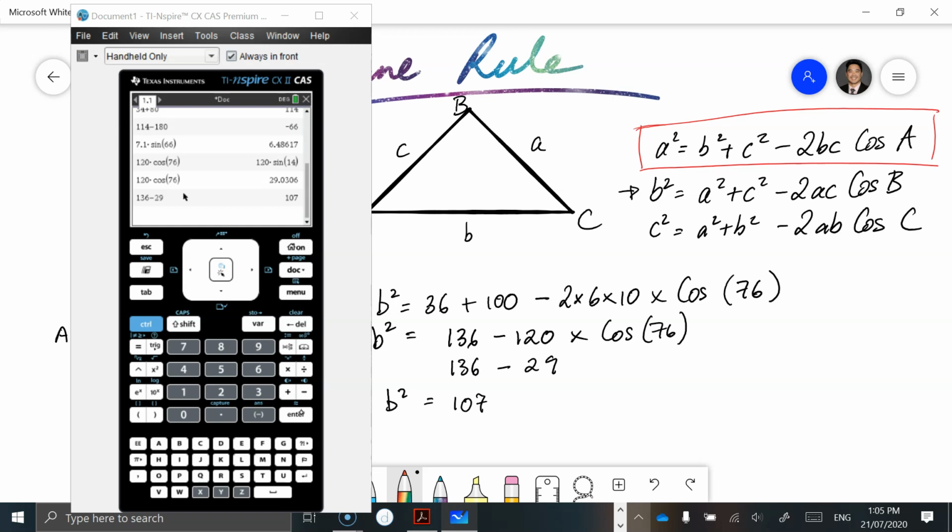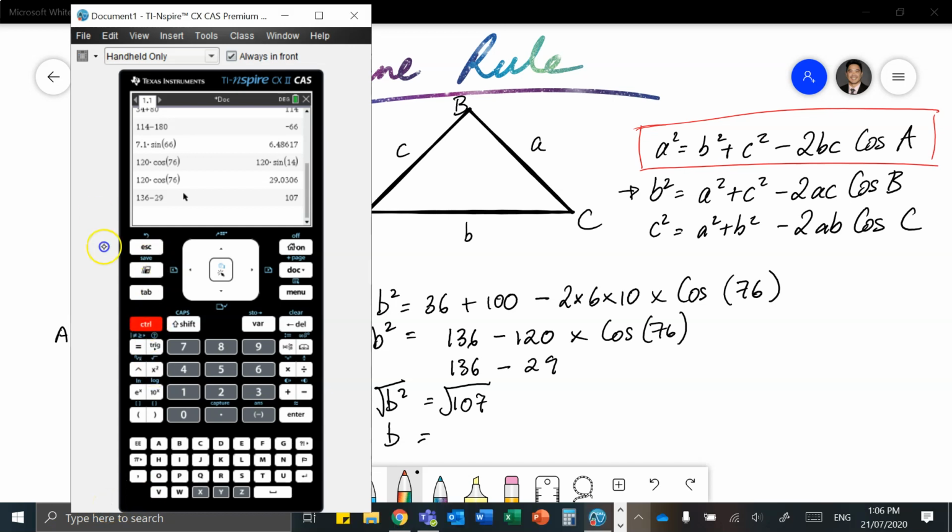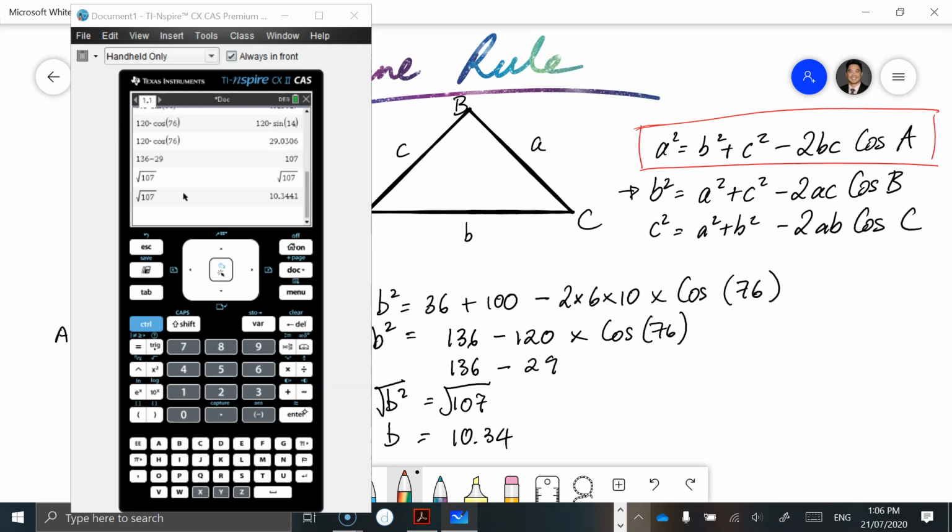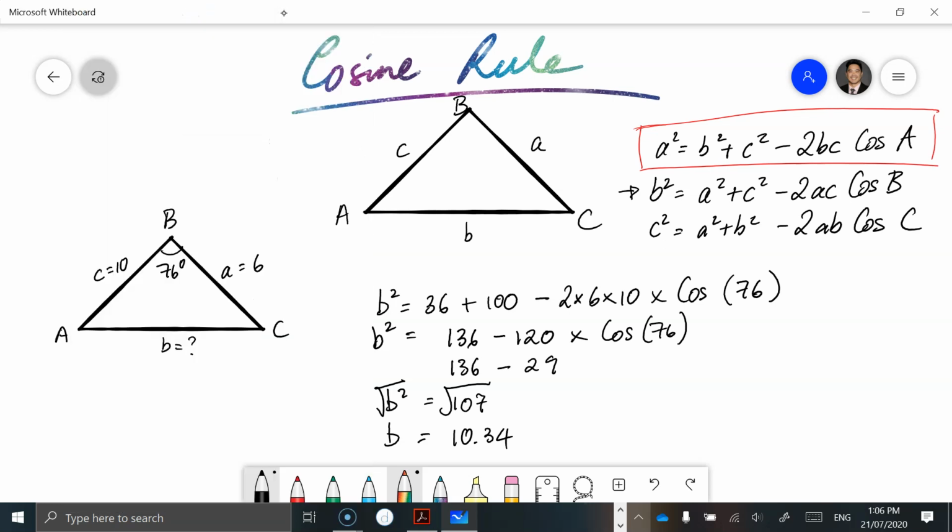That is b squared. So to get b on its own, we need to square root both sides, and the square root of 107 is approximately 10.34. So we've just worked out the side of a non-right angled triangle using the cosine rule.